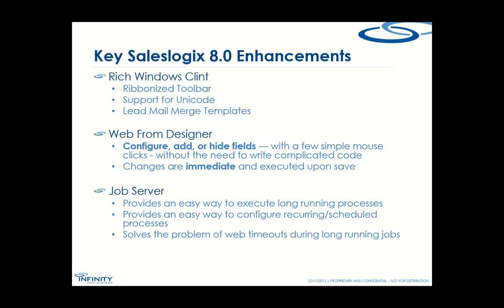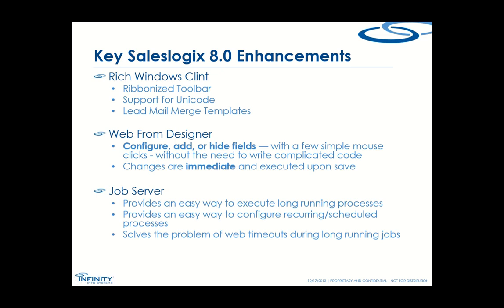So there are several enhancements that come with 8.0, which is the ribbonized toolbar within the rich client, or the LAN client rather, the full Windows version. It's also support for Unicode in LAN. Many of you know that there was support for Unicode in the web. It's now been brought into the LAN as well. They also introduced lead mail merge.